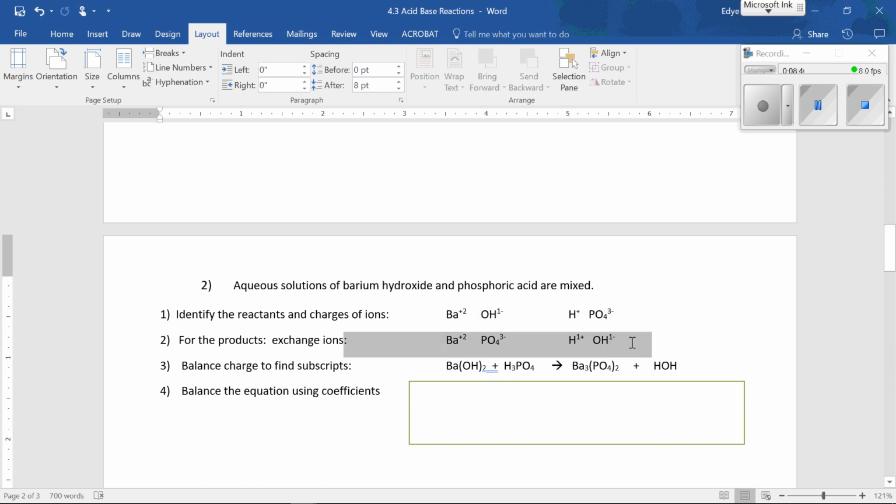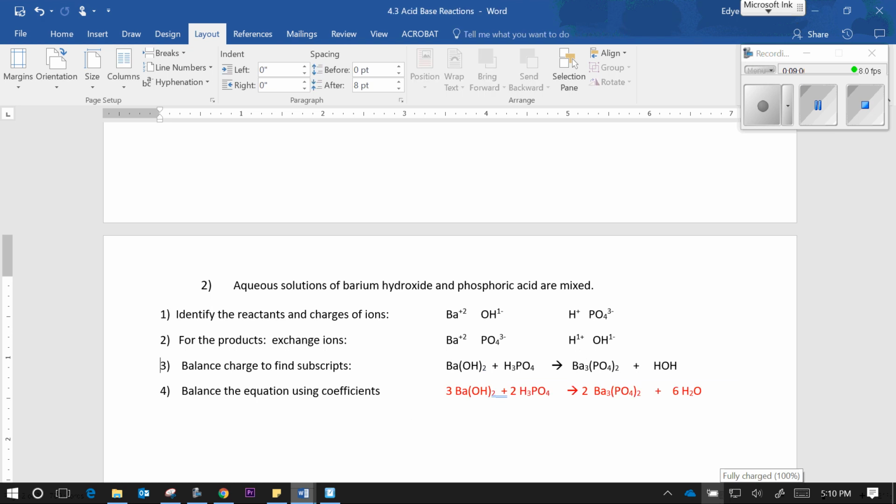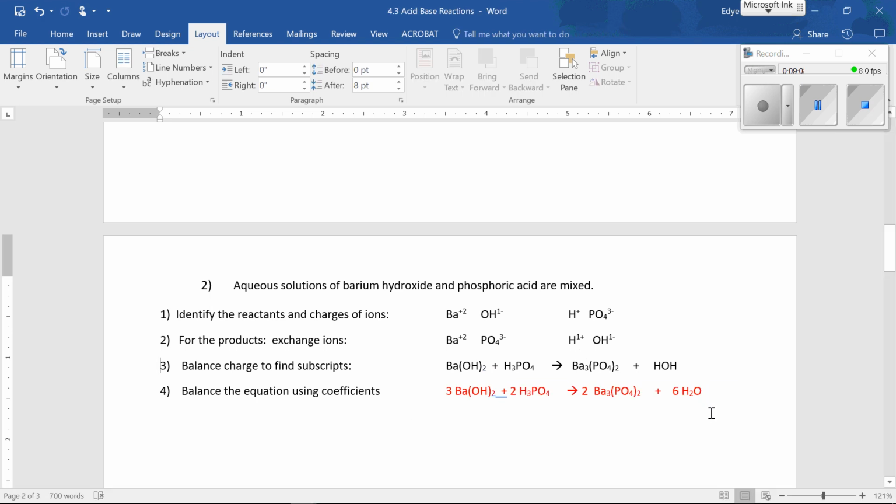These are our products. So the products, to balance this out, I need 3 Ba2+ and 2 PO4 3- gives me this formula. 1 H+, 1 OH- gives me HOH, which is the same as water. Now I balance it. You can take a moment to pause and balance this, but I'm going to show this. There's our balanced reaction. Notice I'm writing water as just water here, not as HOH.